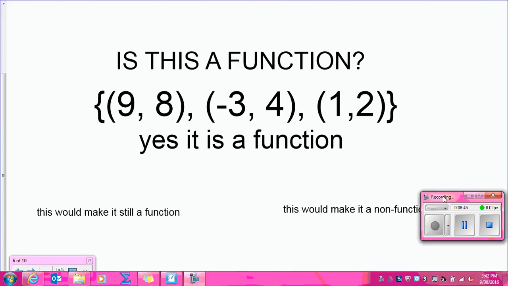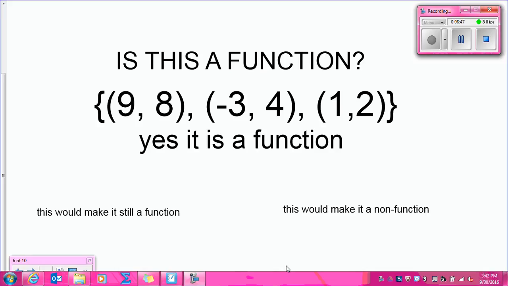Let's talk about what would happen if we wanted to add to this set, if we wanted to pick another ordered pair. That ordered pair could keep the whole relation as a function, or it could make it not a function anymore.